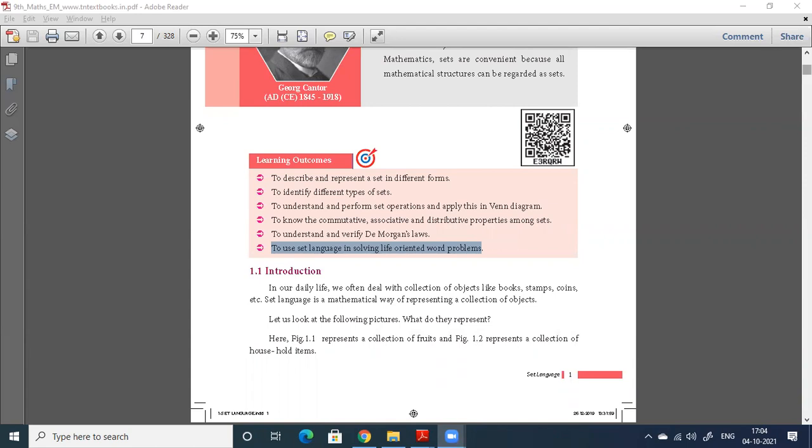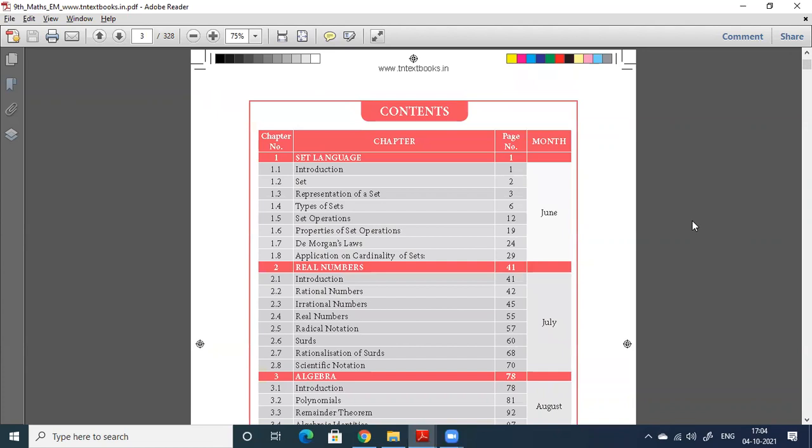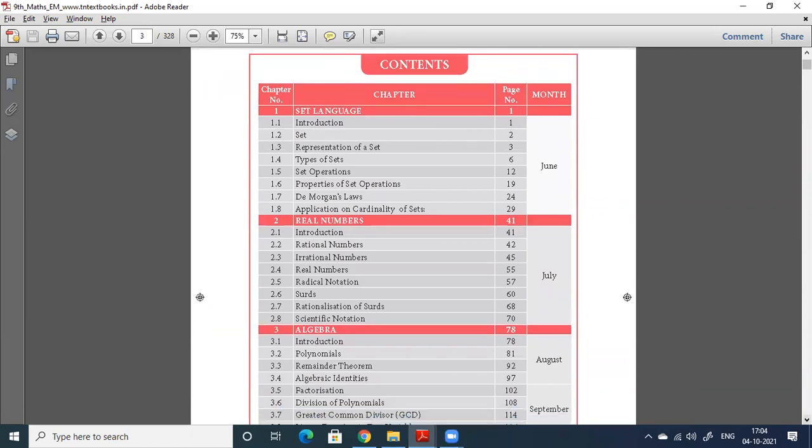I'll show the chapters. You tell me which one they have finished. Set language, 1.2 totally, they have finished. Set language finished, huh? Yes, uncle. Did they finish everything in set language or only till 1.5? Till 1.8 completed, uncle. Okay, very good. Which month did they finish? August, huh?